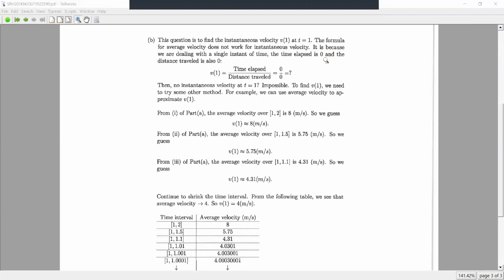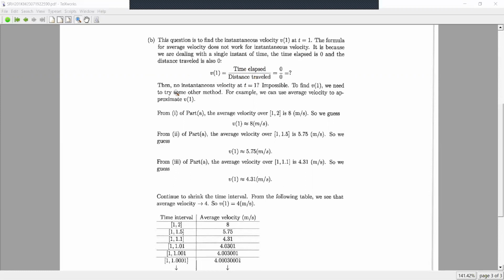The time elapsed is 0 and the distance traveled is also 0. If you use the average velocity formula to compute instantaneous velocity, then you will get 0 over 0. What is 0 over 0? We don't know. It is not computable.